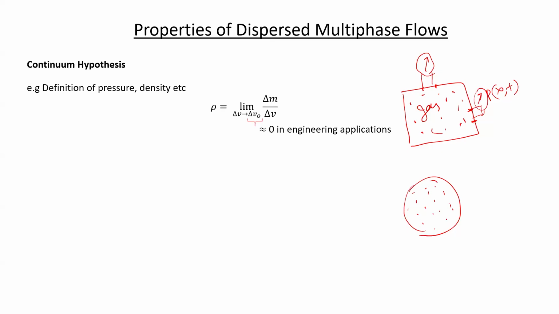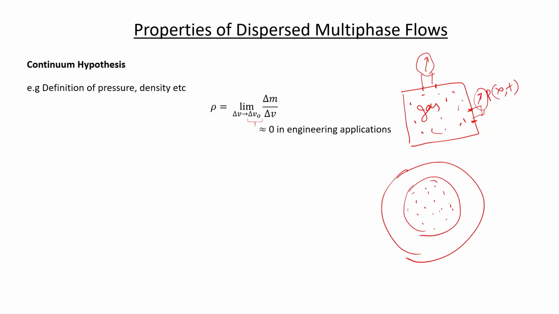Let's consider nitrogen. So you have nitrogen flow and you have considered some region where you know the volume, you calculate the mass and you calculate the density. Now I change the volume. Should I get the same answer?